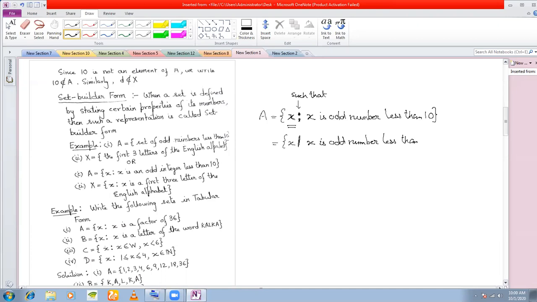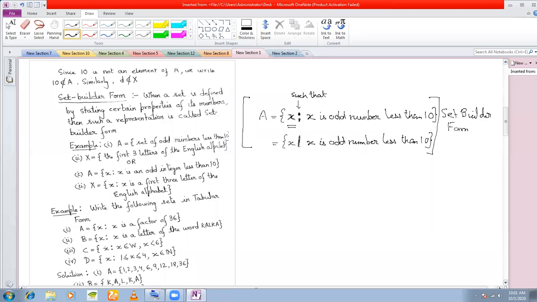So what do I mean by this set? This set is said to be in your set builder form.